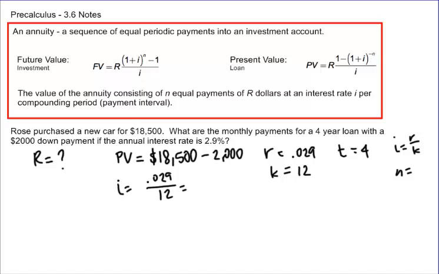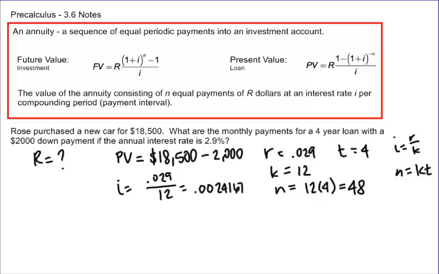So 0.029 divided by 12 is going to be 0.0024167. Okay, and the N is going to be the number of compounding periods times the time. So N is going to be 12 times 4, which is 48.